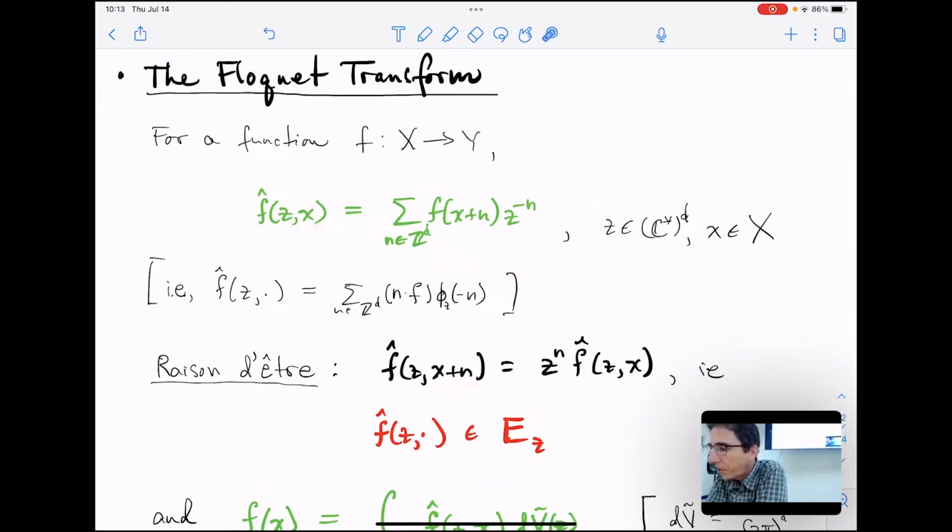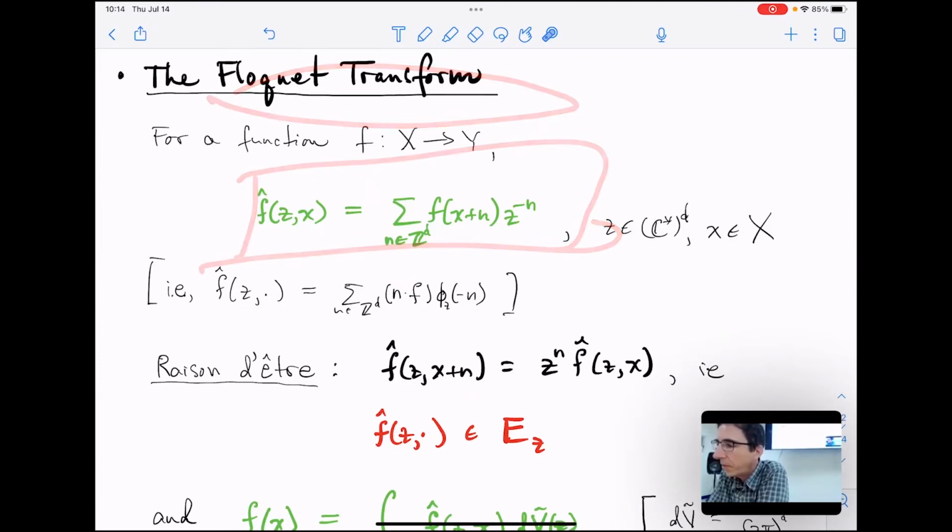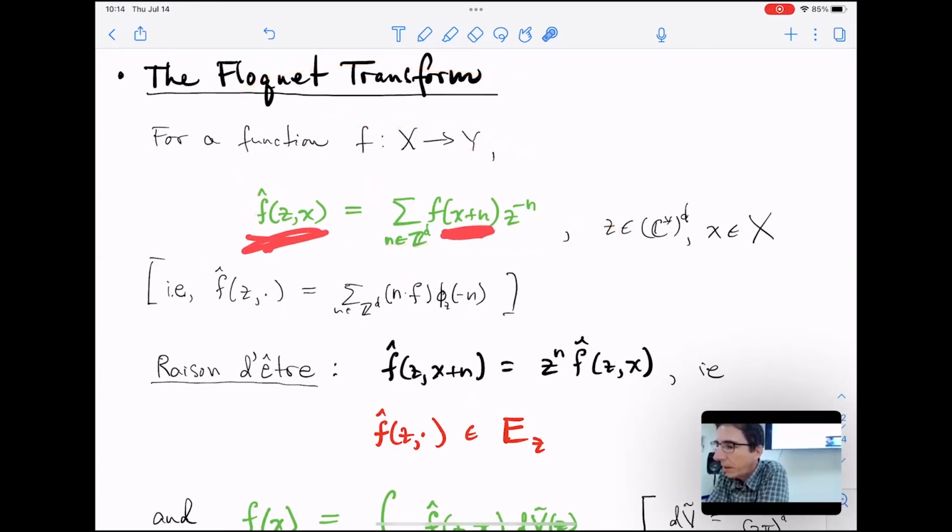So if I shift in x, I actually pull out z to the n by this formula. You can verify this in your head, or you can do it on a piece of paper. You've probably already done it in a Fourier analysis course. But this formula, which is the Bloch transform that takes an f to an f hat, where f was a function of x, now it's a function of x and z. It has the property that when you shift in the x variable, you pull out z to the n.